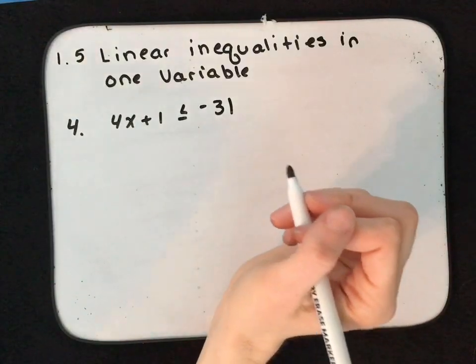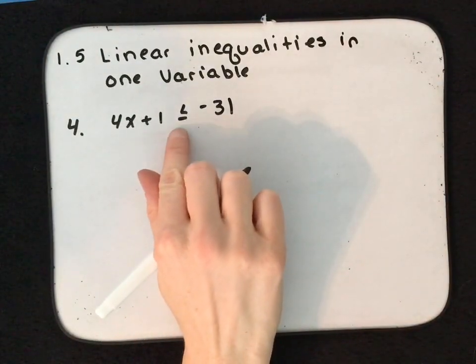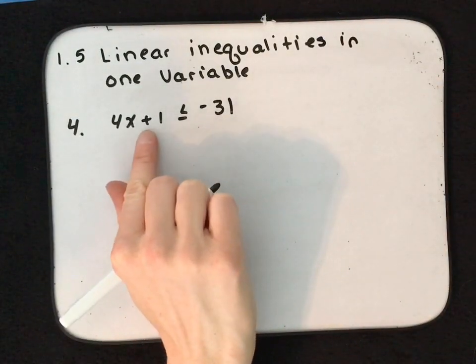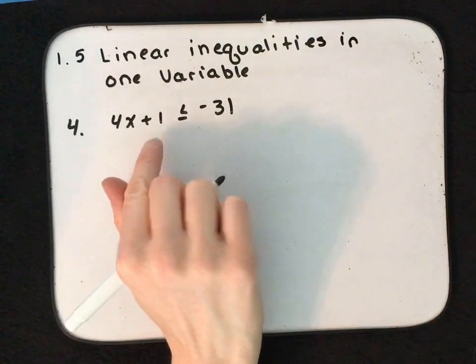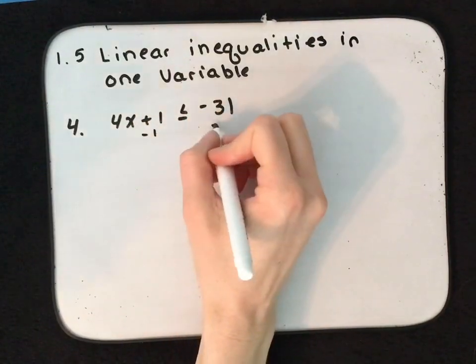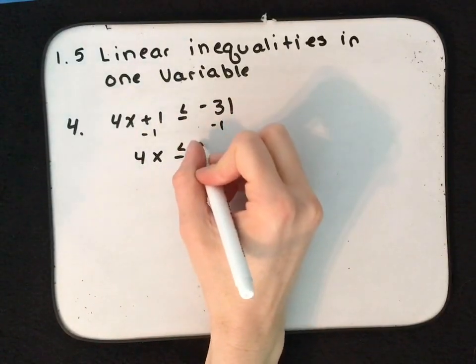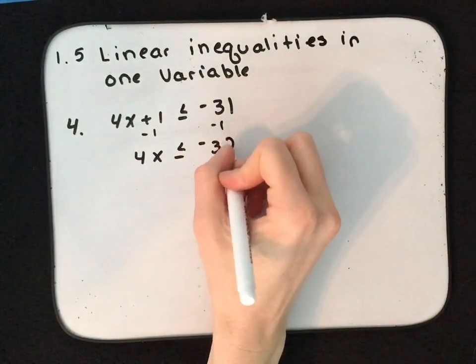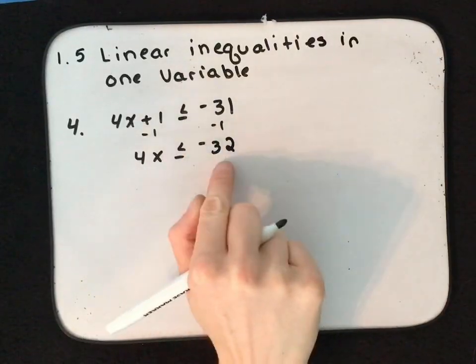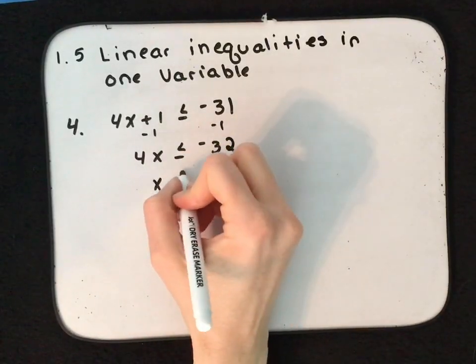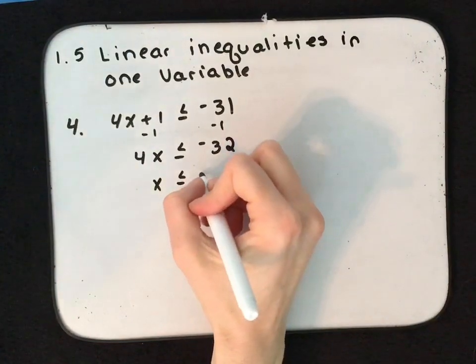So solve it down just like you normally would if this were an equation. So we have the plus 1, so we need to subtract 1 from both sides. So that's going to give us 4x is less than or equal to -32. Divide both sides by the 4, which is going to give us x is less than or equal to -8.